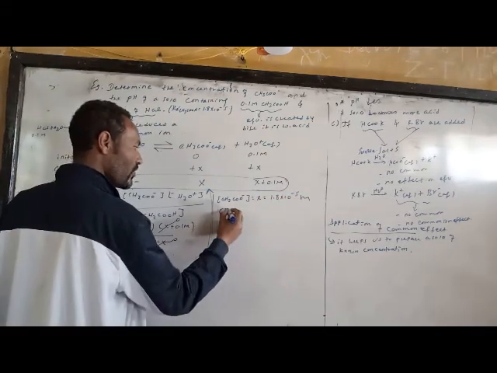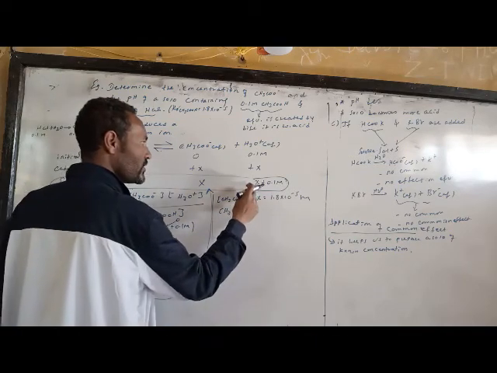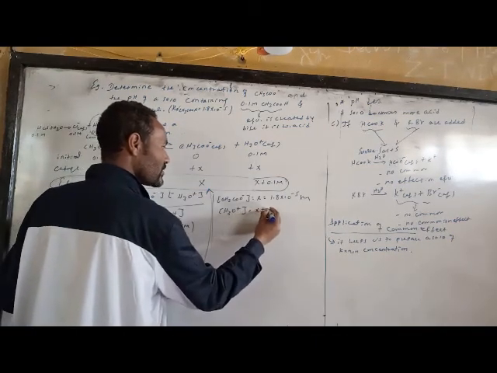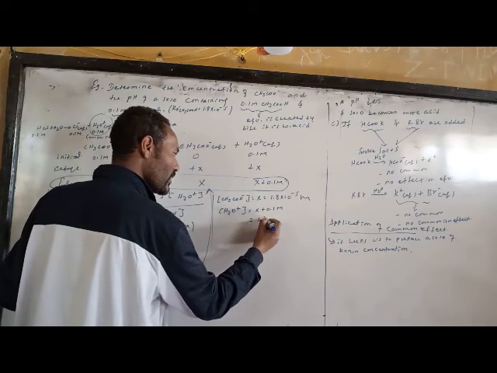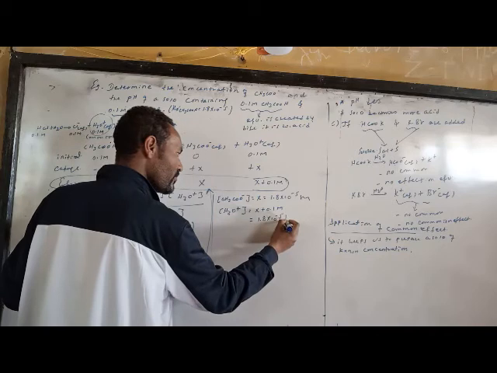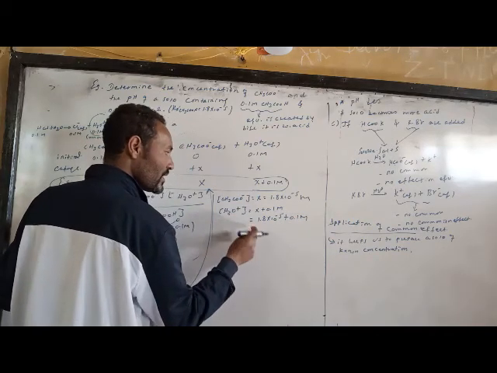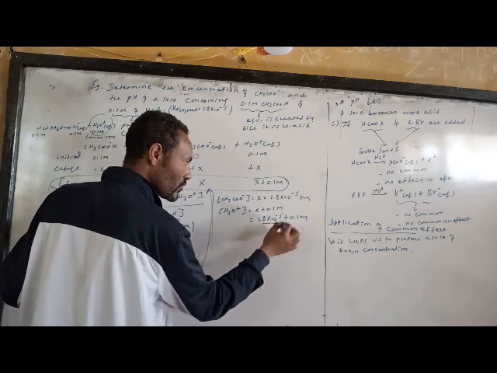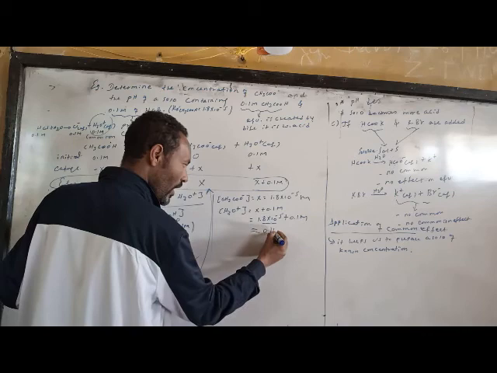Thus the concentration of hydronium is somewhat different from acetate, which is x plus 0.1 molar. This implies 1.8 times 10 to the power minus 5 plus 0.1 molar. So we can approximate this. This number is very small compared to 0.1, so this gives approximately 0.1 molar.